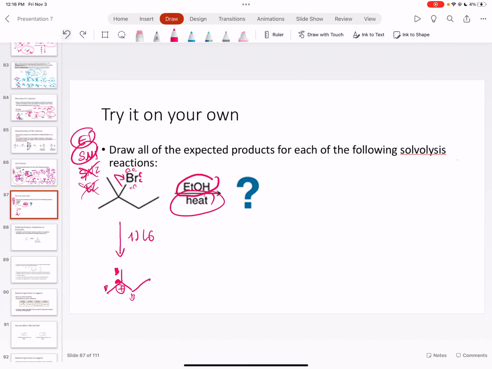So then we're going to be able to do an elimination, and we're also going to be able to do substitution. So we're going to have a total of 3 products. So in here, at the bottom, I'm going to do my elimination possibly, and then my substitution, I'm going to do them in here.